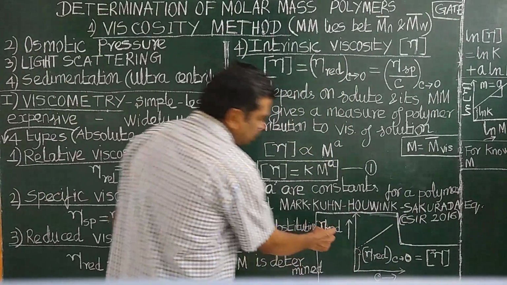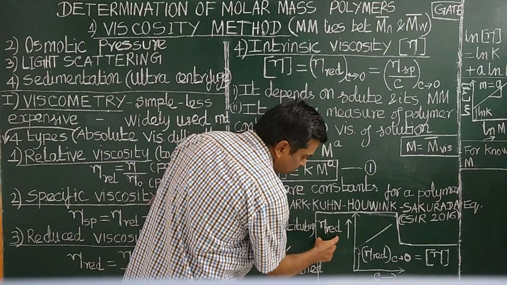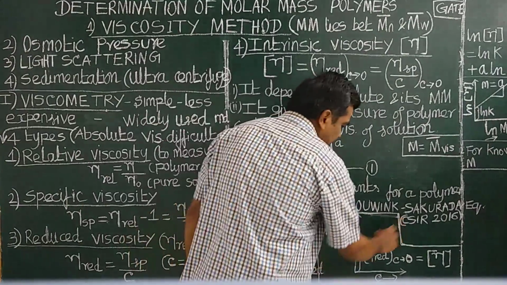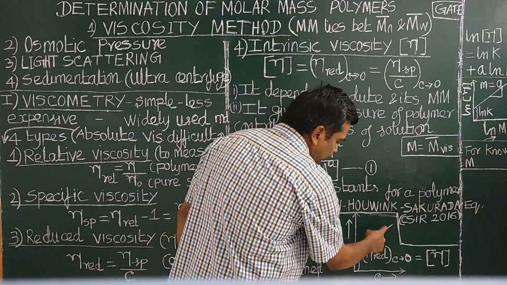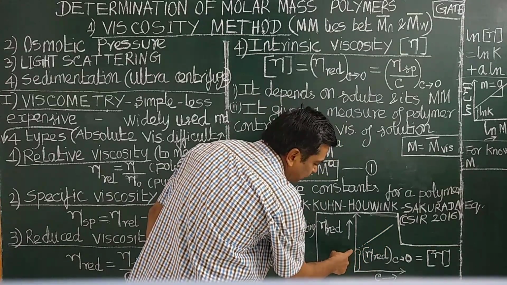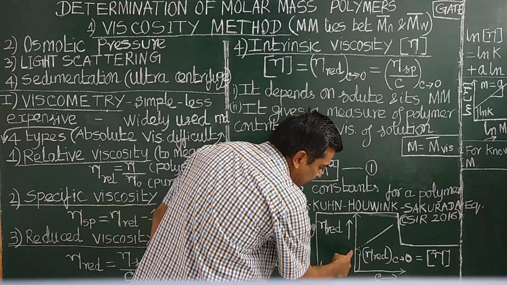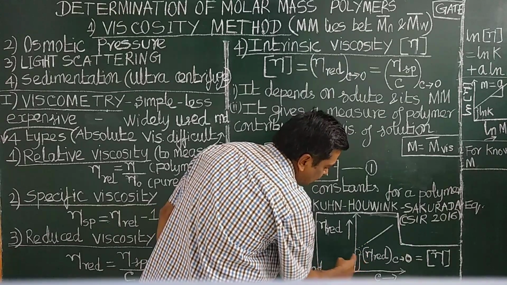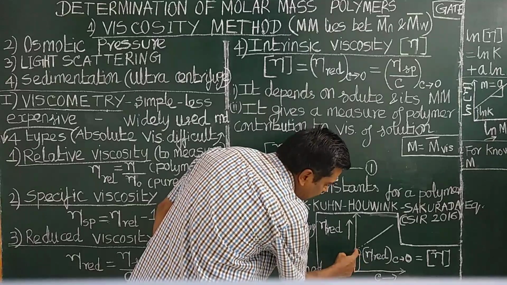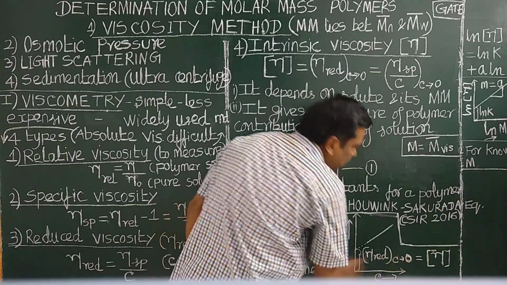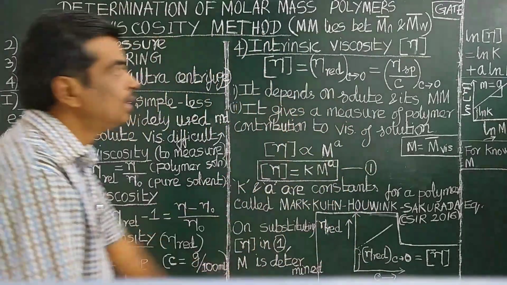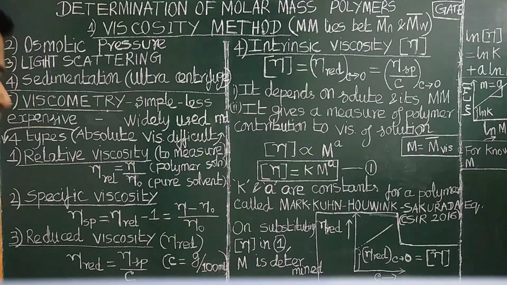When the straight line is extrapolated so that it meets the y-axis, the intercept, that is, the reduced viscosity when the concentration C tends to 0, is equal to the intrinsic viscosity of the given polymer solution.